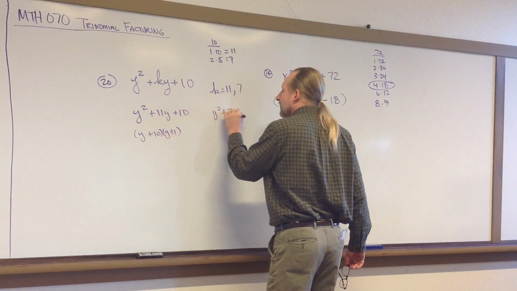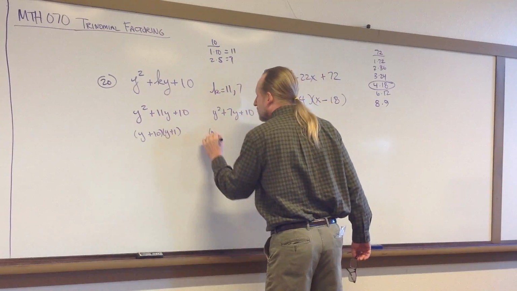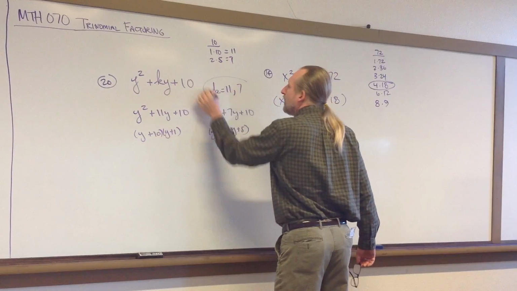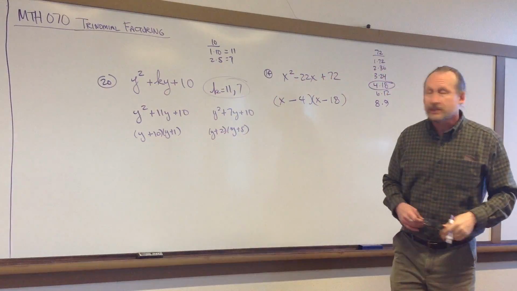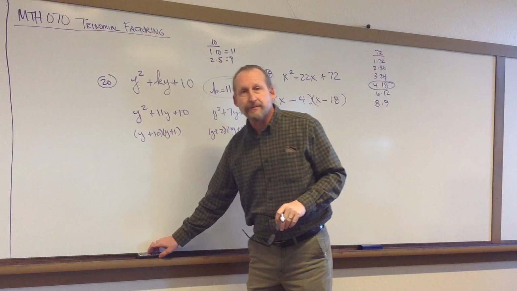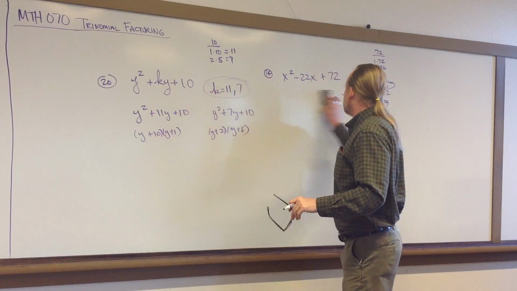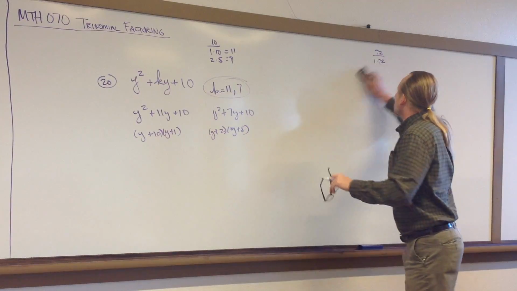Or y squared plus 7y plus 10, because that's y plus 2 times y plus 5. So all I'm looking for here in the answer is just k could be 11 or 7. But this is why k being 11 or 7 makes that expression factorable.